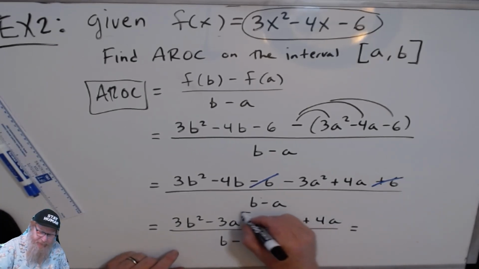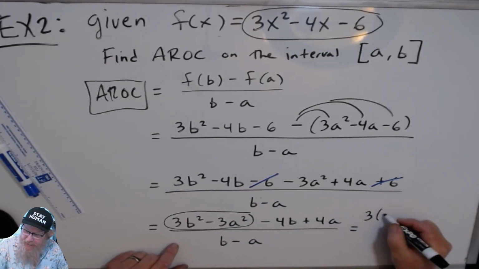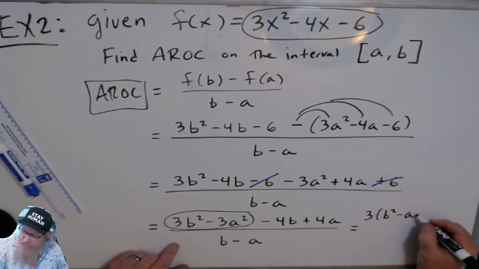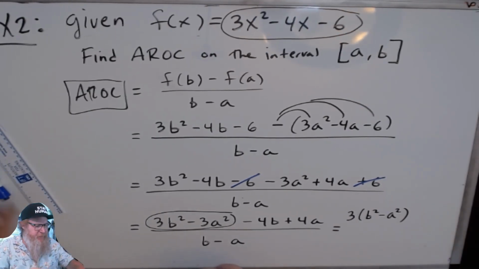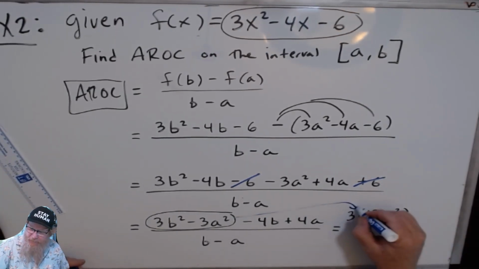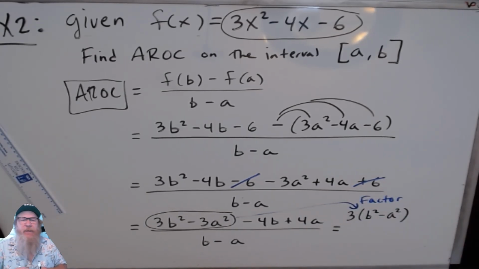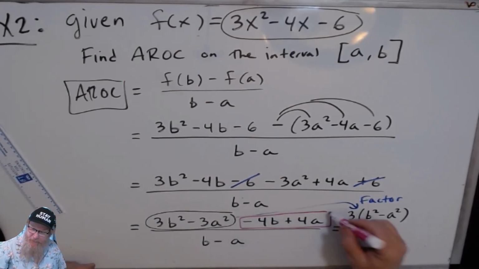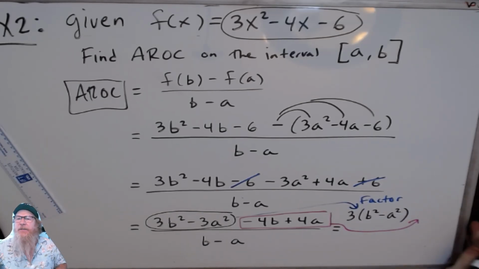So let's take the first group and factor it, 3 times b squared minus a squared. That'll be this first group. And then we'll take the second group and factor it. This one's a little bit easier.